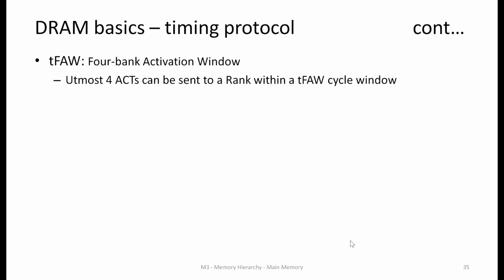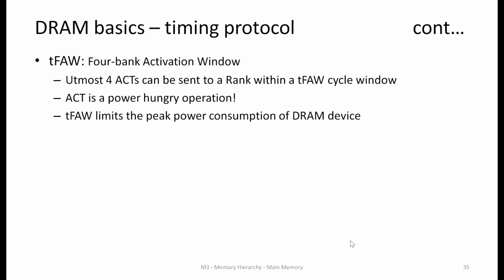Now, even though the rank can have 16 banks, we can't issue 16 activates until we meet this TFAW constraint. So only 4 of them can be given at a time. The reason for having this timing constraint is the activation operation in a DRAM is very power hungry. So in order to limit the peak power consumption of the DRAM device, we have the TFAW limit.